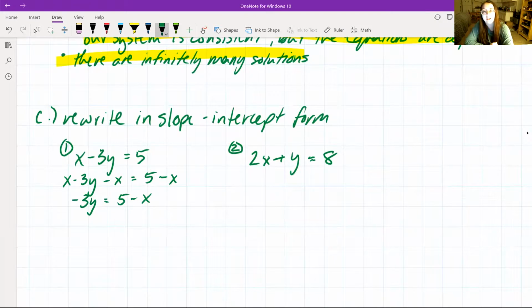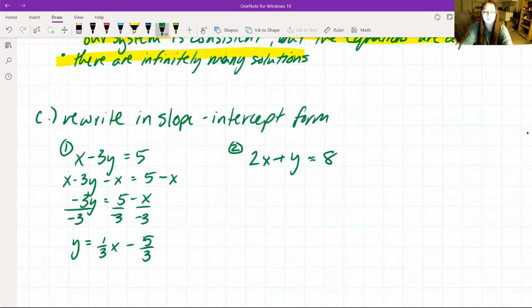Now we can divide each side by negative 3. So we get y is equal to, and we can rearrange our x terms. Since we have a negative 1x divided by negative 3, this will give us 1/3 x minus 5/3. So this is our equation 1.